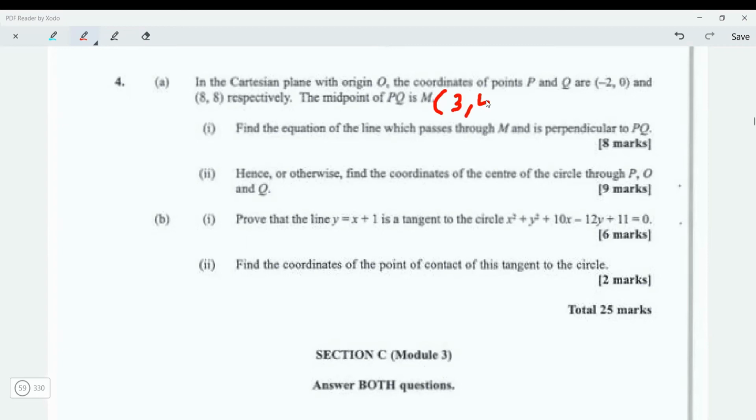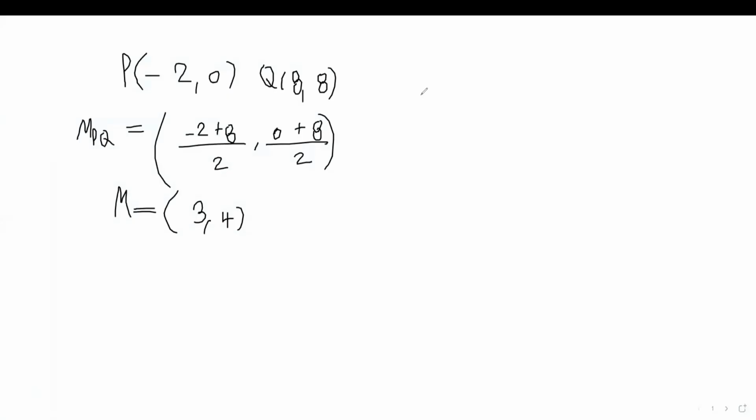It says find the equation of the line which passes through M and is perpendicular to the line PQ. So first we need to find the gradient of PQ.